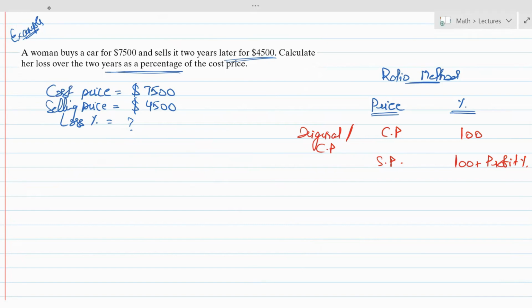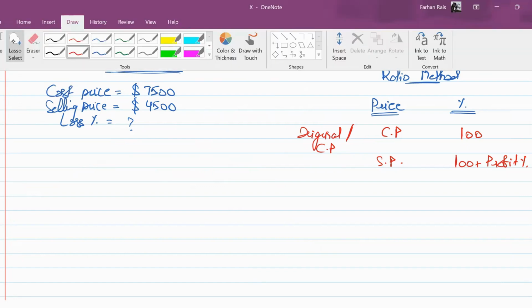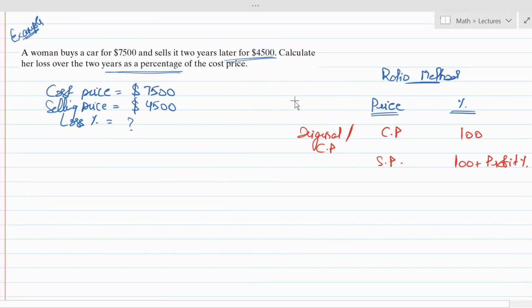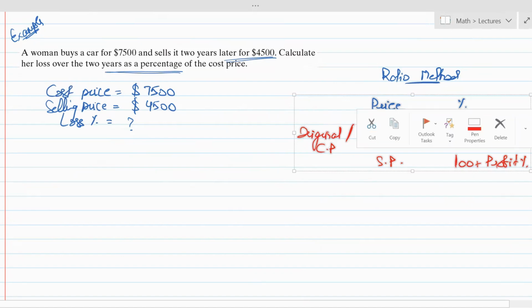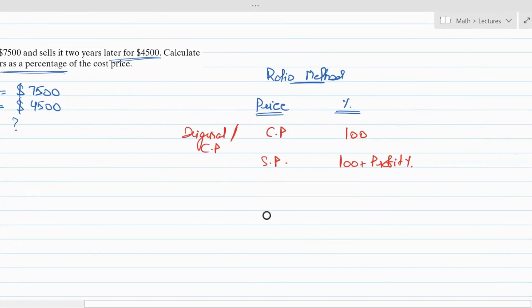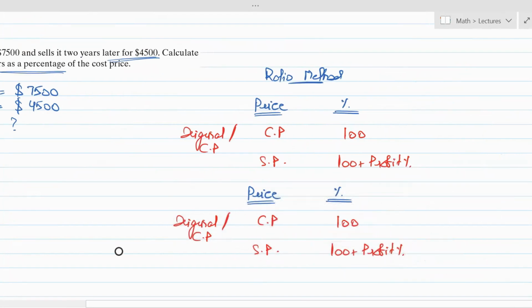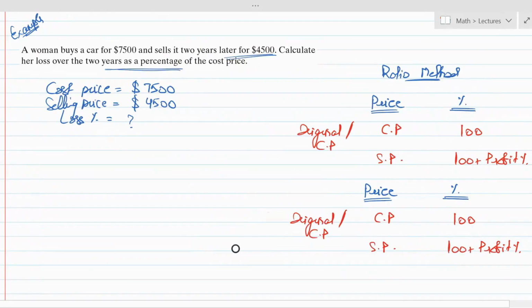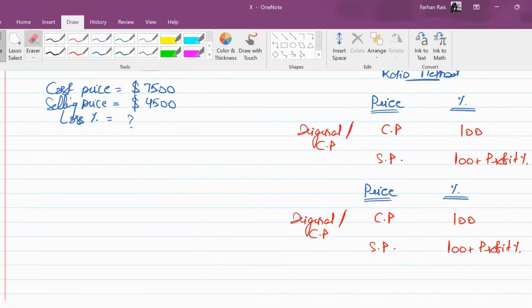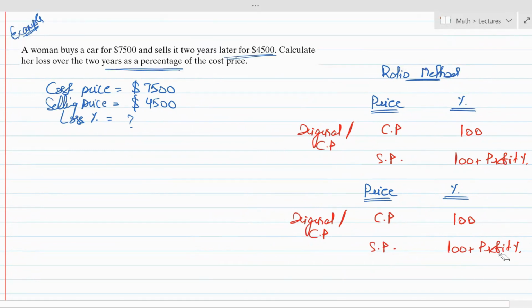But then again, you can also expect the losses. So the first scenario was about profit, but if we are having a loss here, it would then be 100 minus the loss percentage.